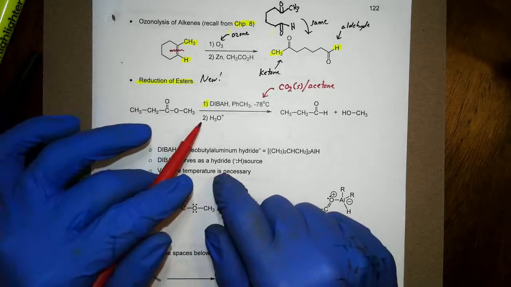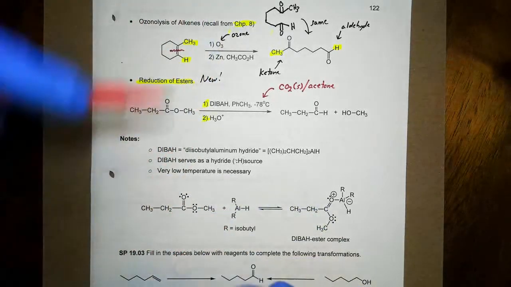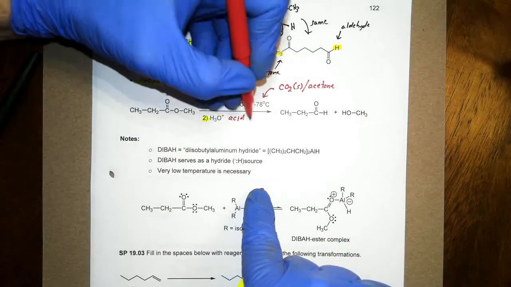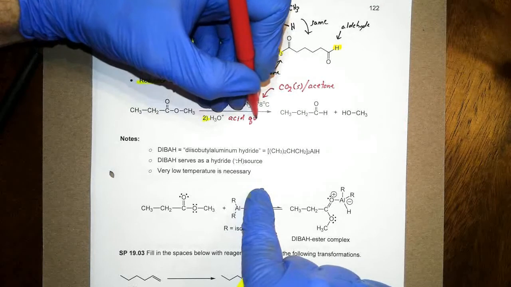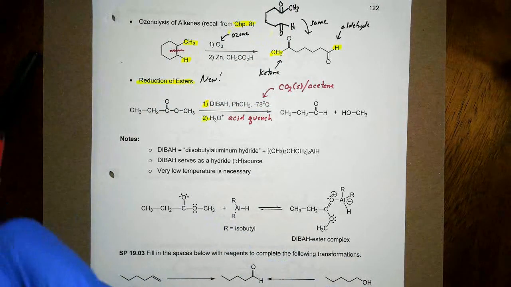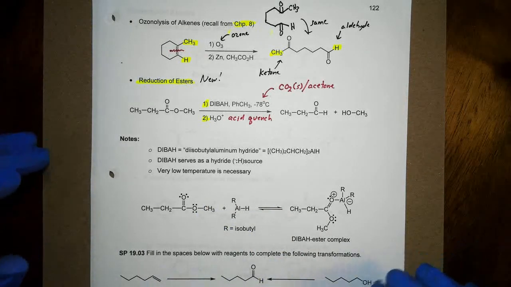And step 2 here is just to quench the reaction. So let me write in acid quench as a reminder. If you were in the lab, you'd simply add acid until the pH was 7 or below. So let's talk about this reduction.